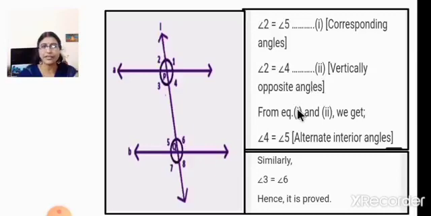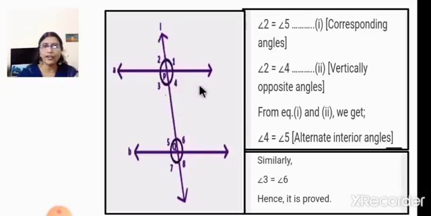So 2 equations. Now from equation 1 and equation 2, we get, here you can see angle 2 is equal to angle 5, angle 2 is equal to angle 4. We can also write angle 4 is equal to angle 5. So from equation 1 and 2, we get angle 4 is equal to angle 5. You can see here, this is angle 4 and this is angle 5.